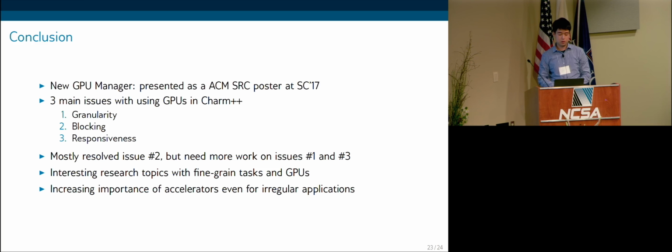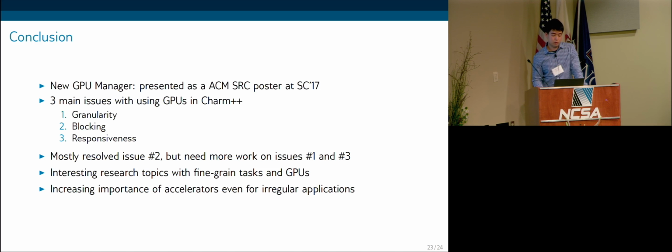So to conclude the talk, this work on the new GPU manager was presented as an SRC poster at SC17 last year. We've seen that there are three main issues using GPUs in ChaNGa: granularity, the blocking API, and also responsiveness. We've mostly resolved the second issue, but we need to do more work on resolving issues 1 and 3.